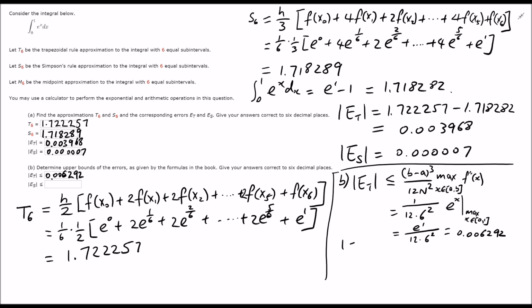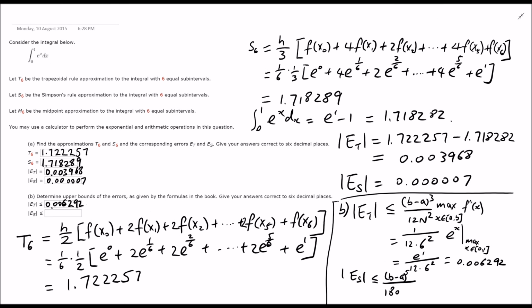And there is also a formula for finding the error bound of Simpson's rule, which is less than or equal to (b minus a) to the power of 5 over 180 n to the 4, times the maximum over the interval of x, but of the fourth derivative.